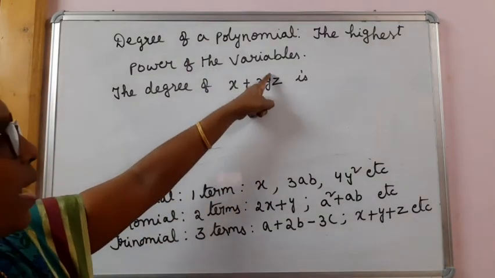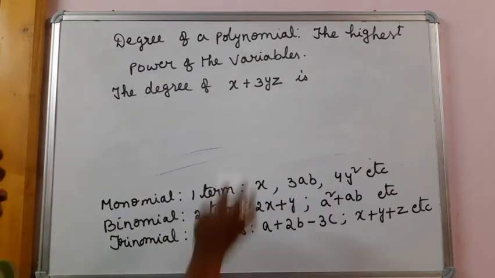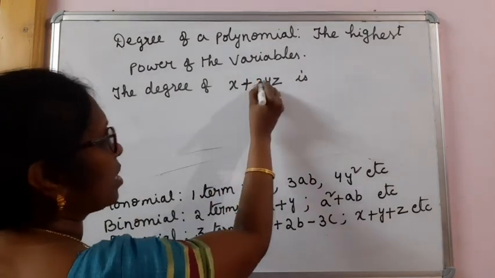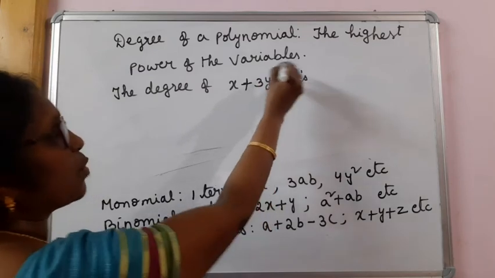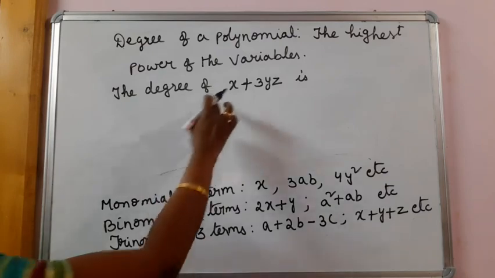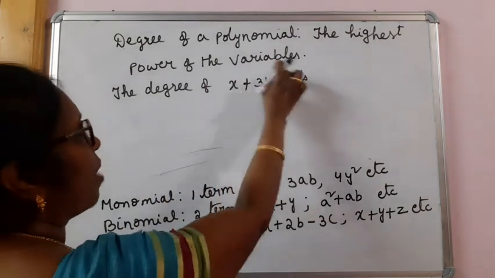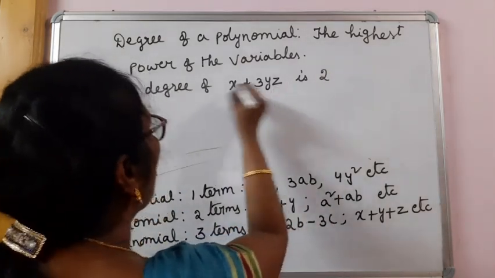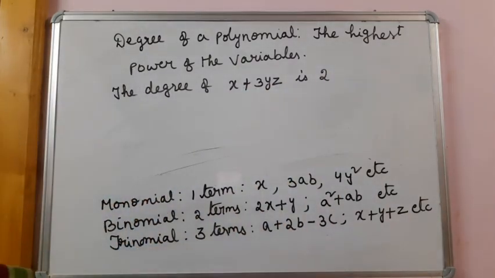Here the power of y is 1, the power of z is 1. So for this term the power is 1 plus 1, 2. So the power of x is 1, the power of 3yz is 2. The highest power is 2. So the degree of this expression is 2.